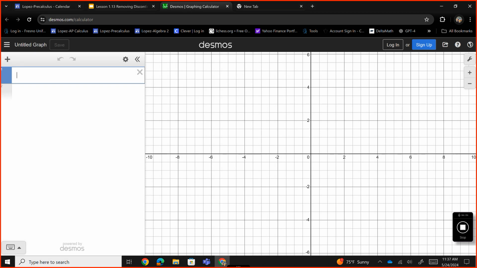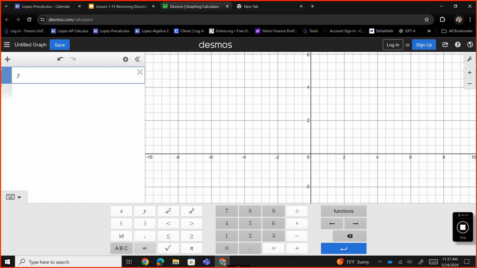So we're saying that y is equal to the original function. y equals x squared plus 3x plus 2, over x plus 1.